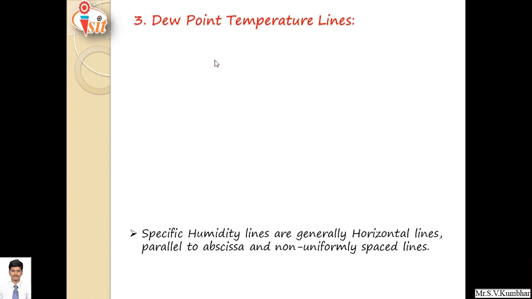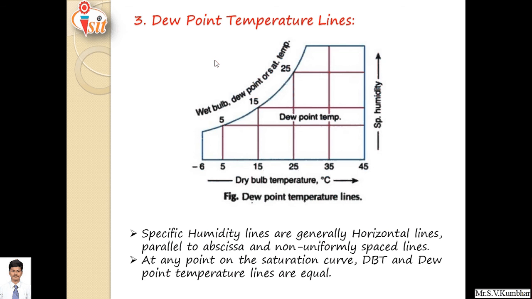Third are the dew point temperature lines. Dew point temperature lines are generally horizontal lines, parallel to the abscissa, and non-uniformly spaced. If you observe, the spacing between these lines is non-uniform, and these lines intersect on the saturation curve.